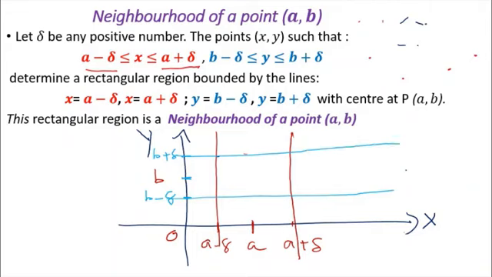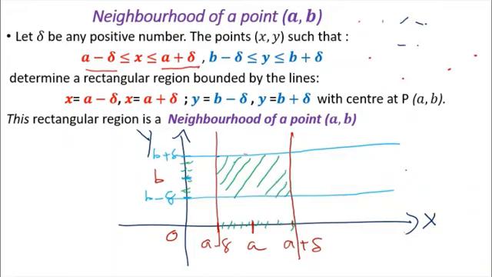Then what are all those points which lie between? x should lie from A minus delta to A plus delta, and y should lie between B minus delta and B plus delta. So the resultant values will be in this rectangle.